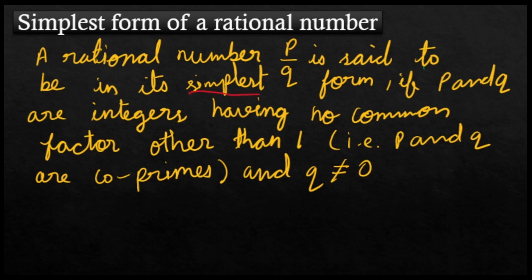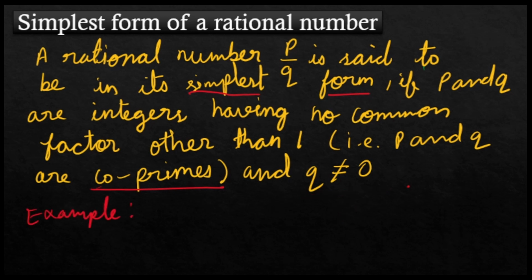I have explained simplest form, that co-primes further cannot be divided, and in my previously explained videos I have mentioned why q is not equal to 0. This is fully explained in video part 1 for the chapter Number Systems. So if you are interested, please go and watch it.